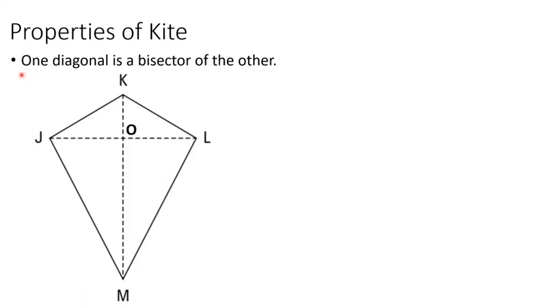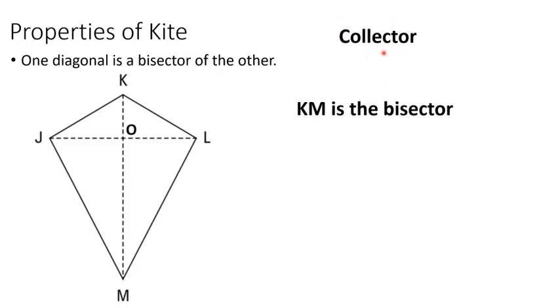The third property is one diagonal is a bisector of the other. Ibig sabihin, isang diagonal lang ang nagpabisect dun sa other diagonal. And in this case, in our figure, KM is the bisector. So the word bisector, let's compare it to the word collector. Di ba pag sinabi natin collector, taga-kolekta.